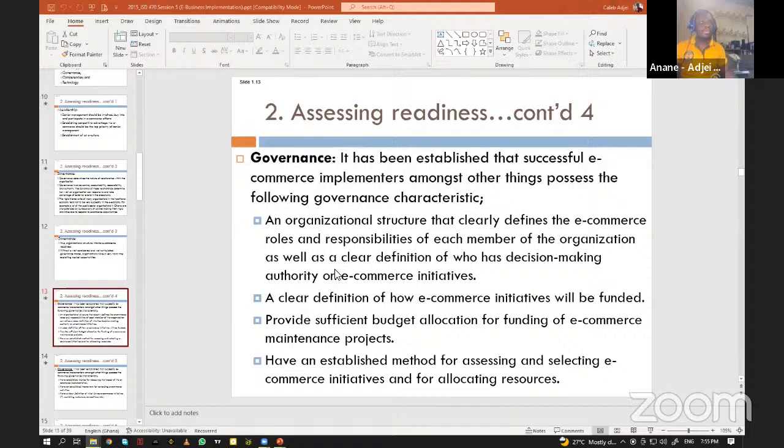Let me see if you can hear me. Just go to the chat and just type, I can hear you. Let me continue from here. Okay, good.